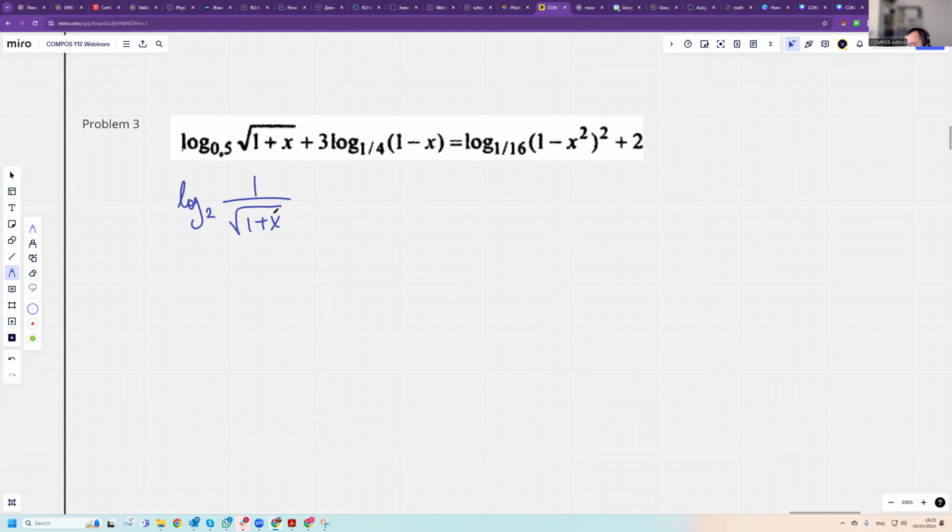So get all the logs the same base, yes. The question is, which base? Not just logs, but everything that is not a log as well. Get all logs to base.